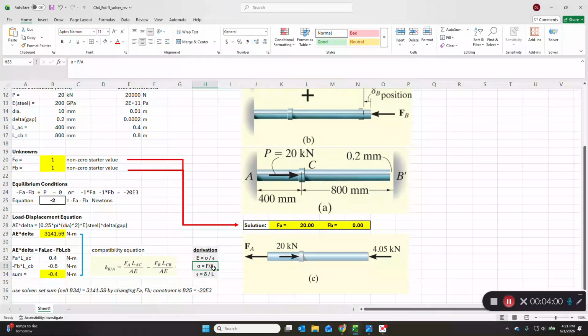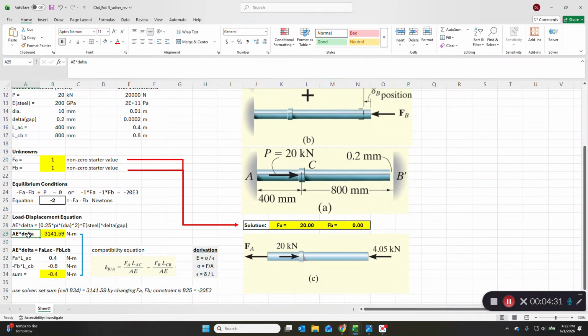Sigma is force over area, and epsilon in the denominator is lambda, or the change in length, L minus L sub O, over L. So these come from prior chapters that we've already worked with, and then we're just rearranging algebraically to get this equation in the box. If we multiply both sides of the compatibility equation by AE, we get AE times delta, or lambda.